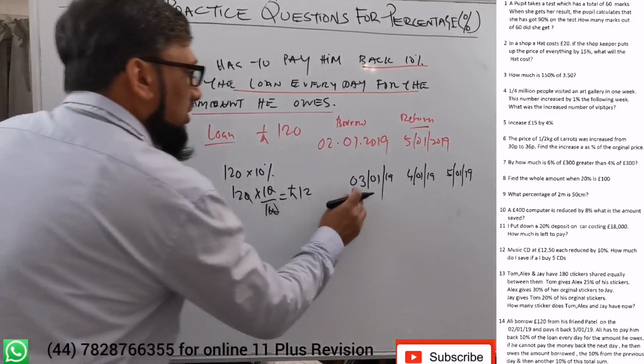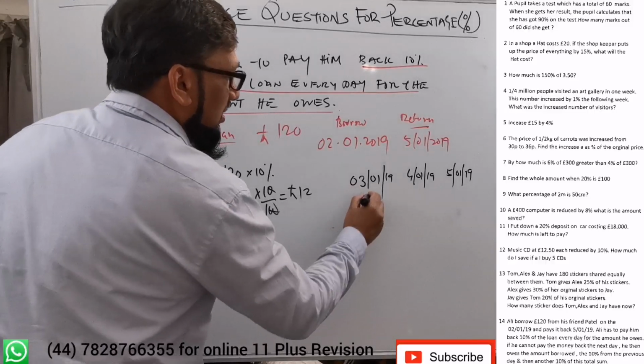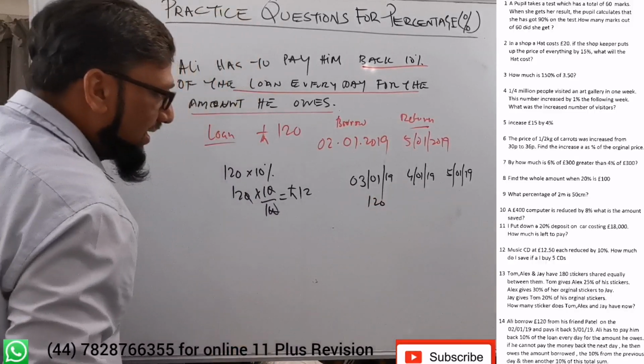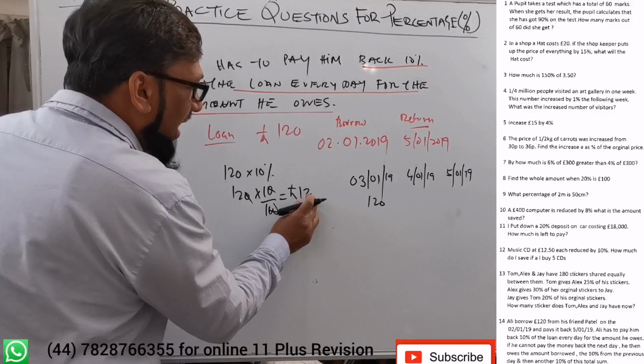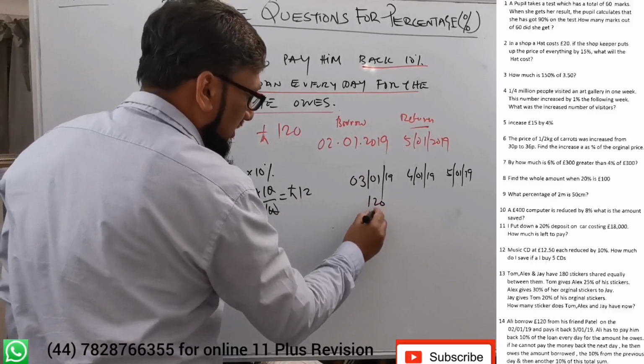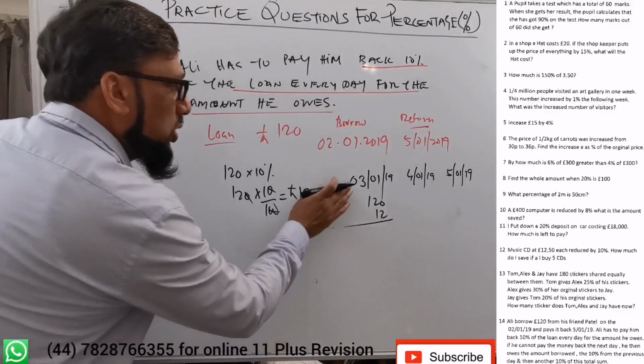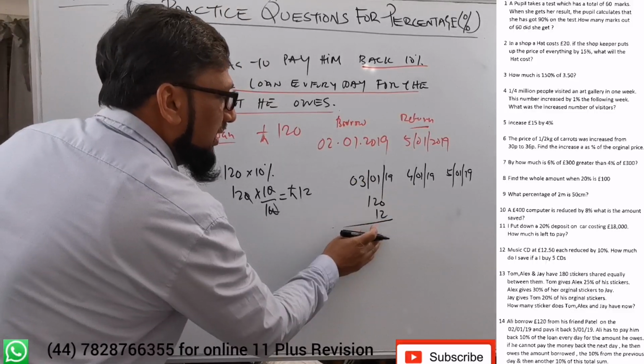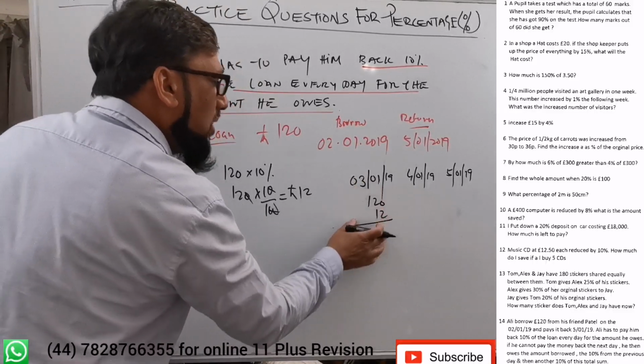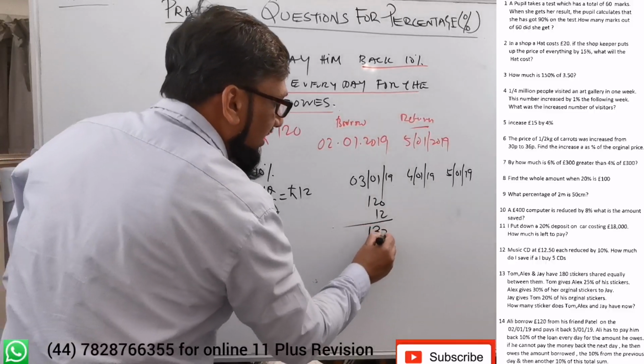So the loan amount 120 and the interest he has to pay on the next day, which is 12 pounds. So on the 3rd of January, the total amount he owes is 132 pounds.